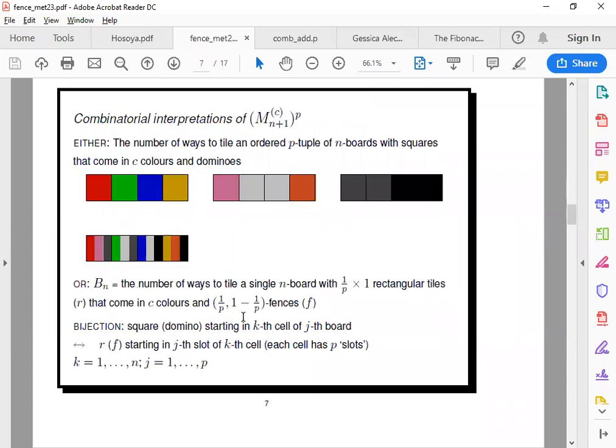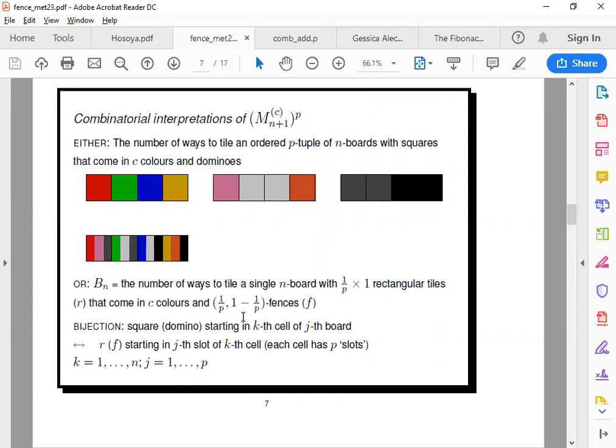So how about a combinatorial interpretation of the metal numbers to some power P? Well, the obvious way to do it is to consider P N boards and you tile them independently. But another way of doing it, if you actually only want to tile one board, is you can think of shrinking these 3 boards by a factor of P, in this case 3, and then you alternately select.